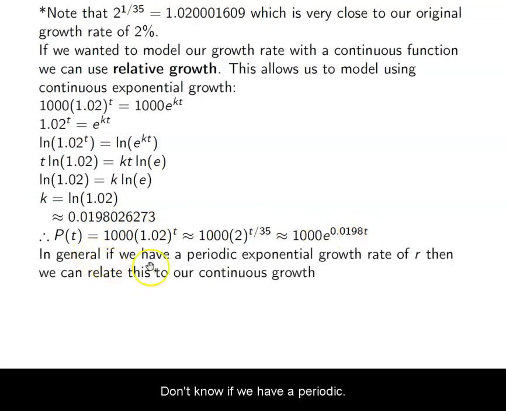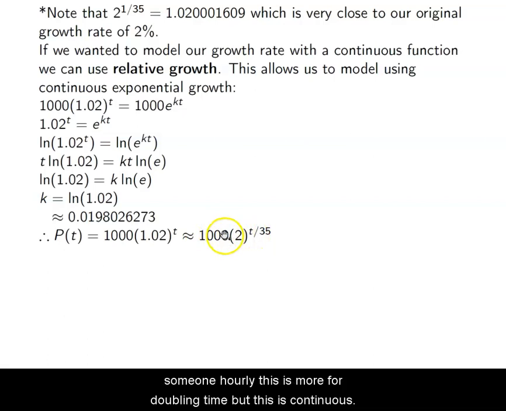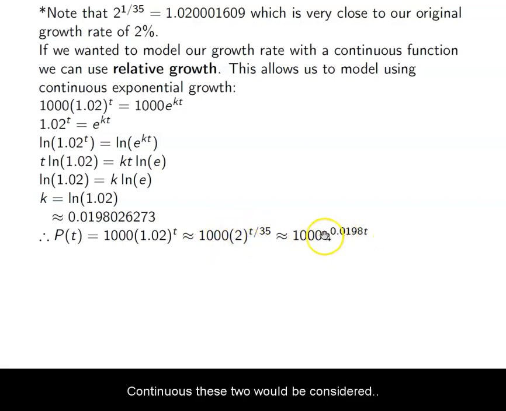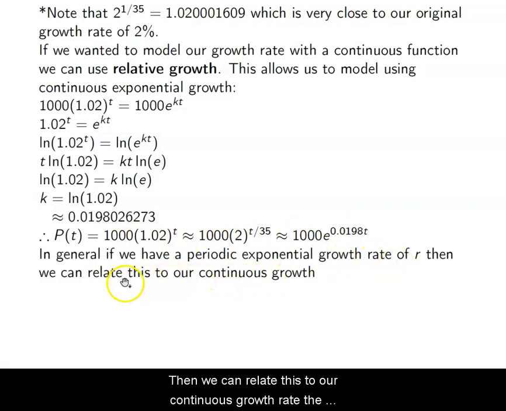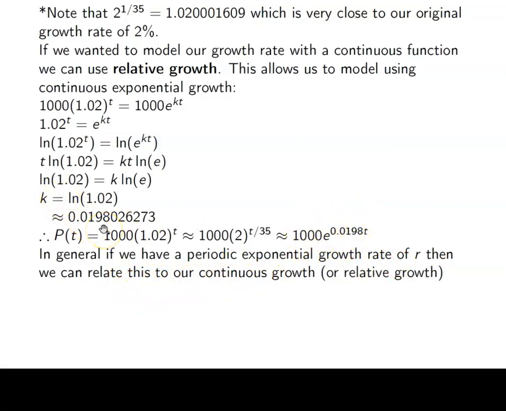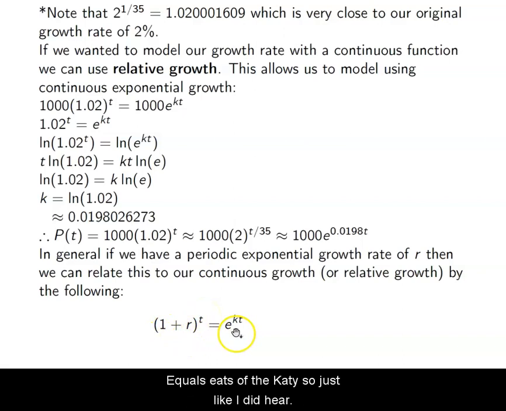Okay, so in general, if we have a periodic exponential growth rate of r, so here, this first one is periodic because it was hourly, right? This is still somewhat hourly. This is more for doubling time, but this is continuous, right? These two would be considered periodic. Then we can relate this to our continuous growth rate, the one that we did last, for this k value, our relative growth, by the following equation. So I have (1 plus r) raised to the t equals e to the kt.